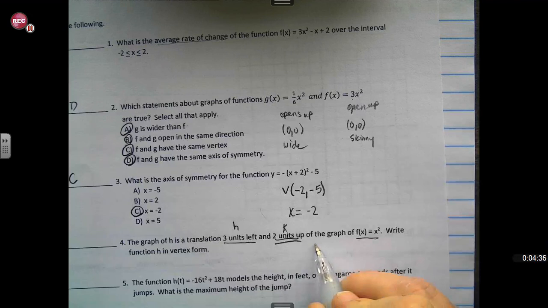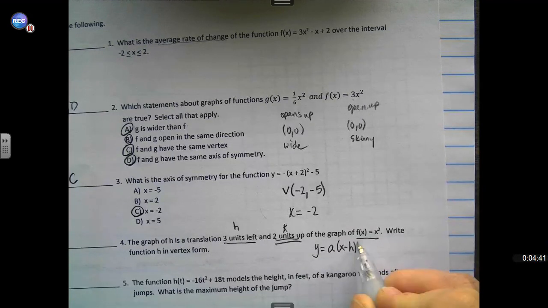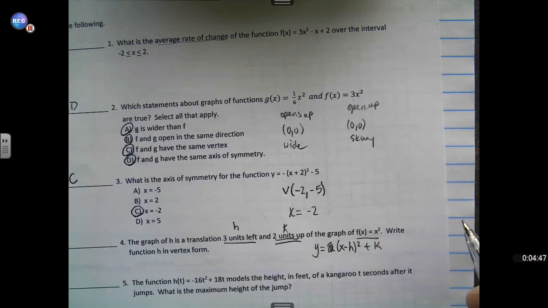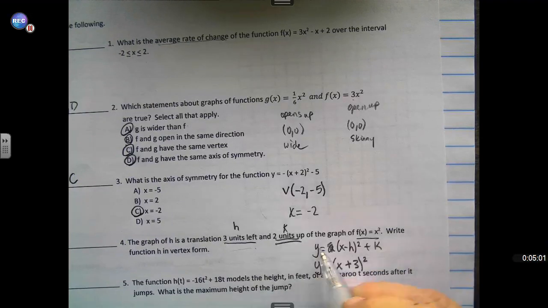Remember that it's y equals a times x minus h quantity squared plus k. Well, they're not going to give us a way to find a, so we're not going to have that. But they are saying that it's going to move 3 units left, which means it's going to be +3 quantity squared because we take the opposite, and it's going to be 2 units up, so it'll be +2. That one stays the same. Okay.